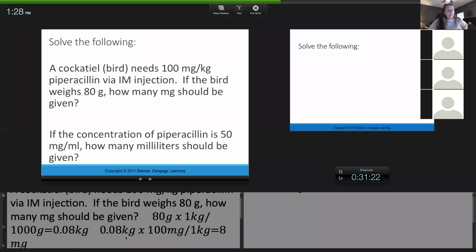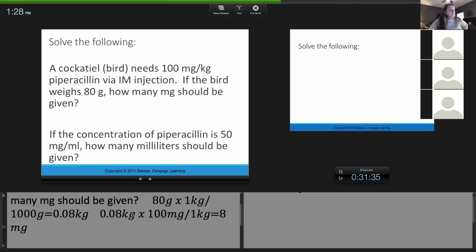So you can divide by 1,000 or you can move the decimal. The bird is going to get 100 mgs per kilogram. So 100 times 0.08 is moving the decimal, also 2 spots. This bird needs 8 milligrams.